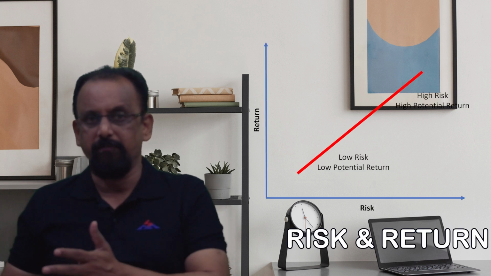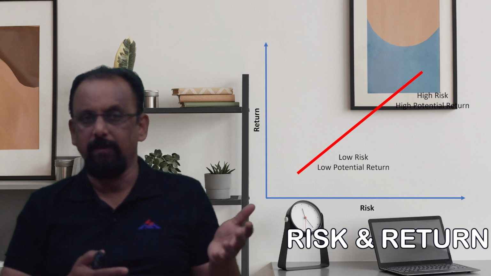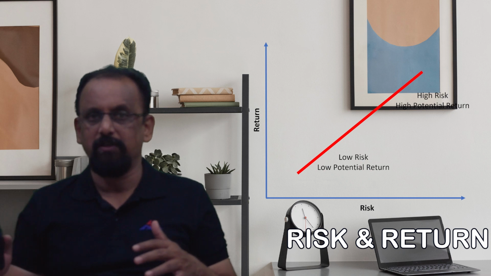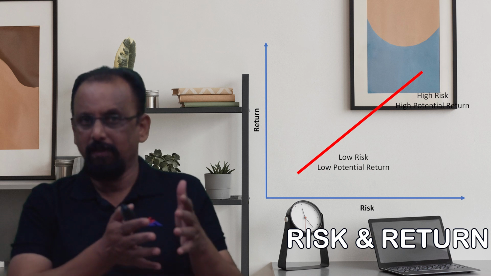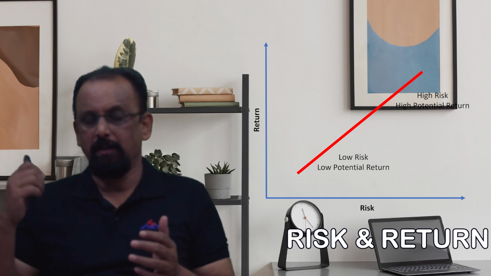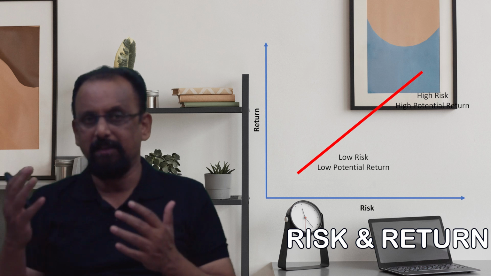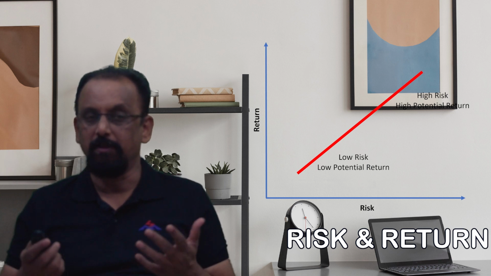Risk return is typically represented on a graph by using standard deviation or risk on the x-axis and the return on the y-axis. So as you will see, it's an upward sloping curve where low risk and low return are towards the bottom side, and the high risk and high return are on the upside, which means as the risk level increases, you aim for the potentially higher return. It's a positive relationship.